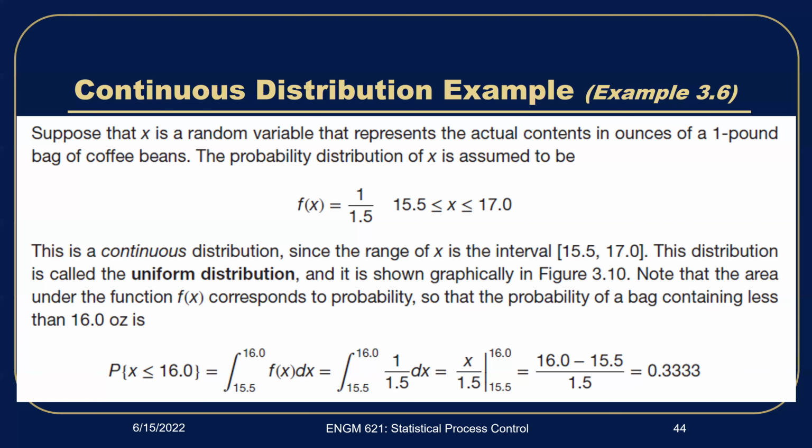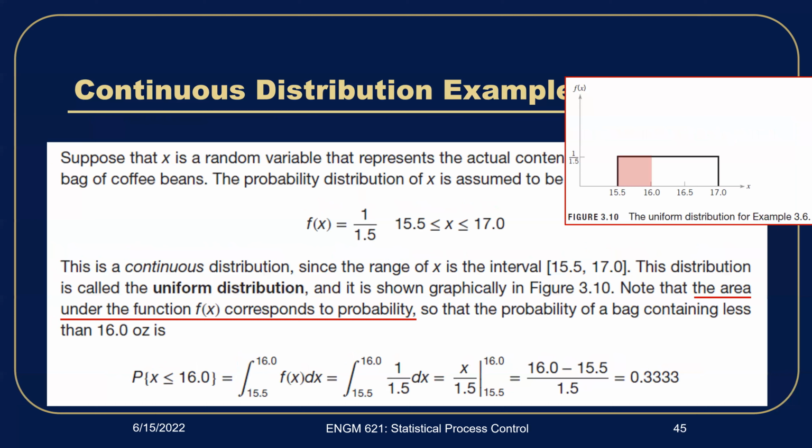So the result is 1/3. So if we want to know the probability of a bag less than a certain number, then we can use the integral to calculate the area under the PDF.